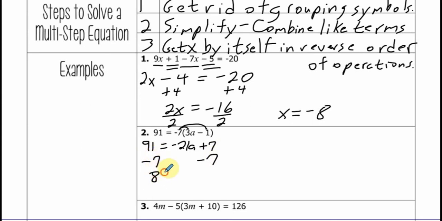So now we have 84 equals negative 21a. So now it's negative 21 times a. It's times, so we divide to get rid of multiplication. It's the opposite of multiplication. Divide both sides by negative 21.